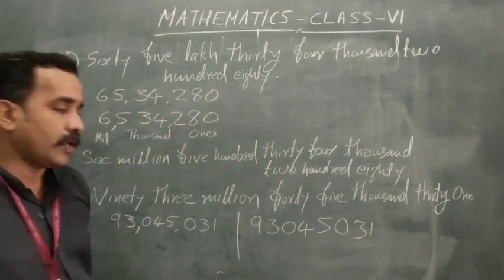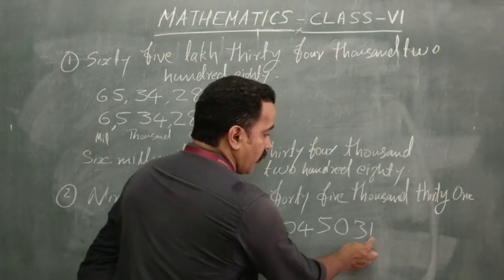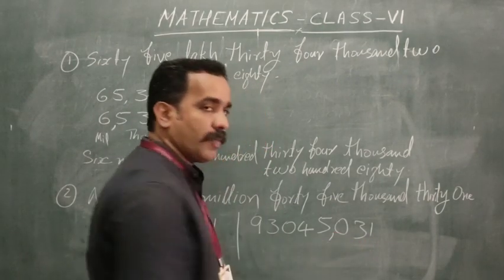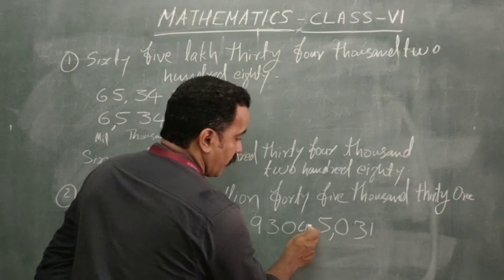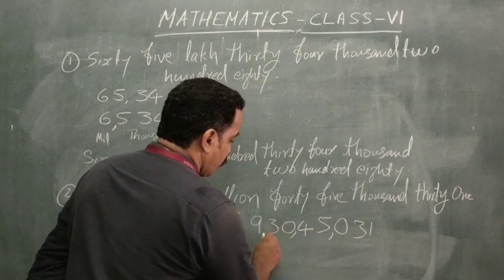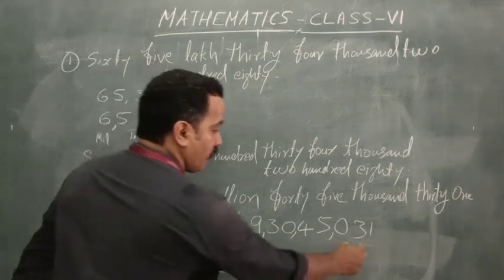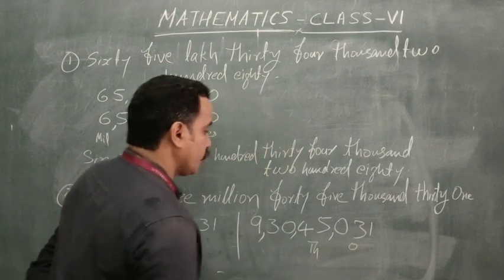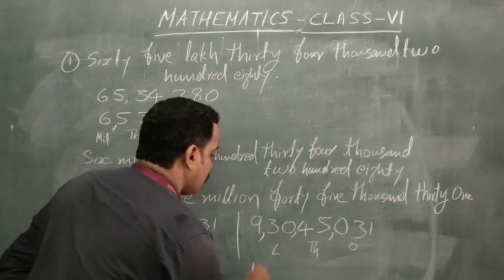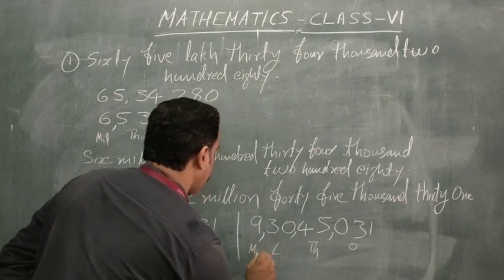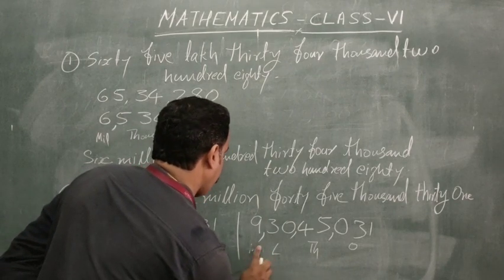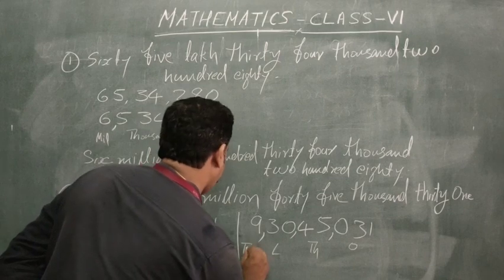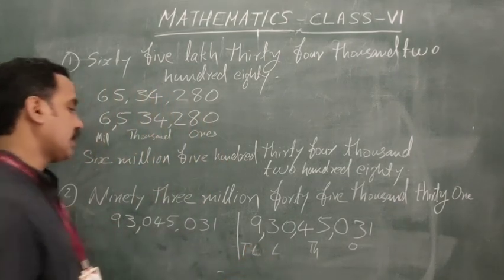According to the Indian place value system, 3 digits, 1 2 3, a comma, then 2 digits, 1 2. This is the ones group, then thousands, lakh, 10 lakh.